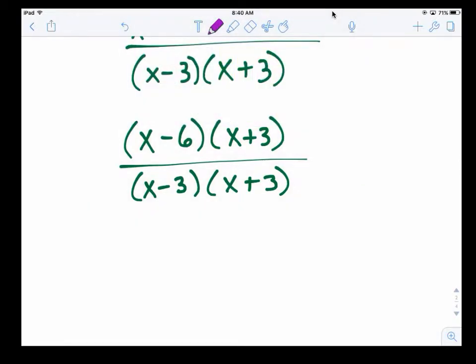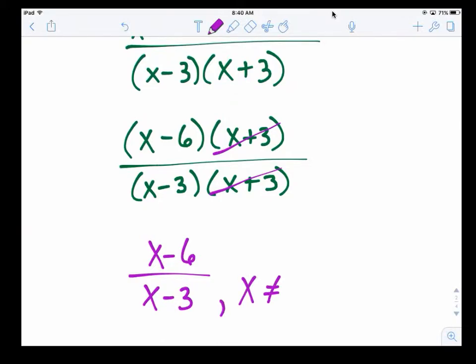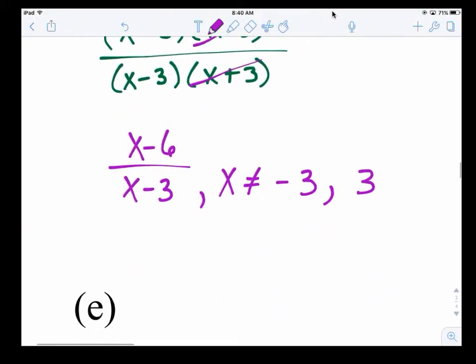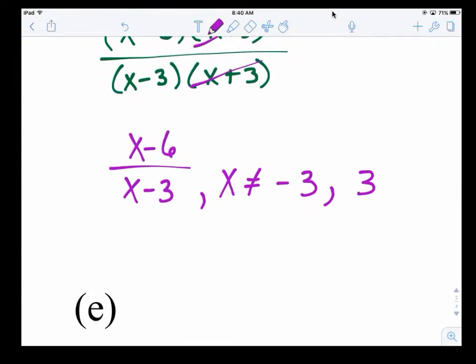Now what can I do? Right, so you got x minus 6 over x minus 3. So x cannot equal negative 3 and 3, right? All right, so what do you have at negative 3?